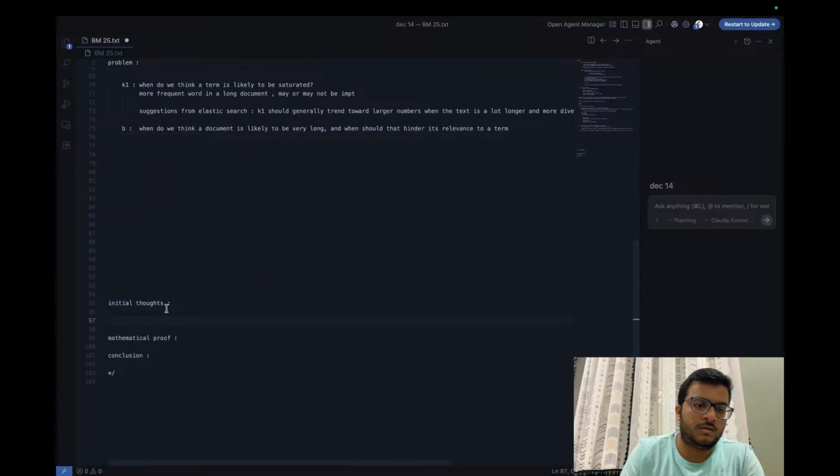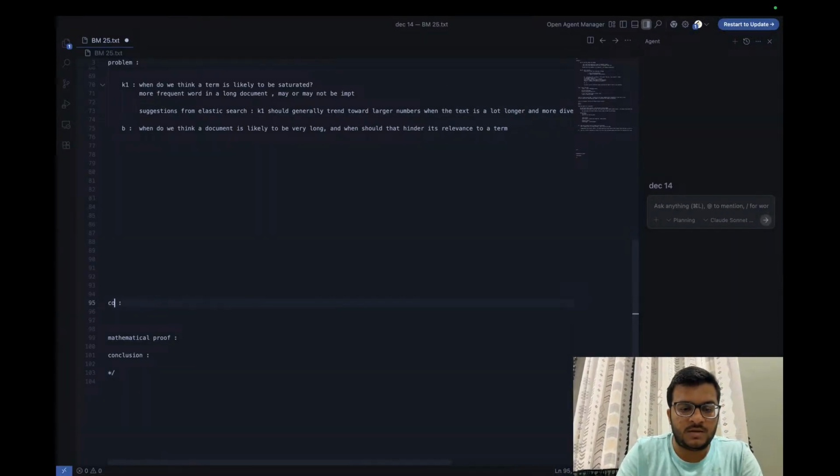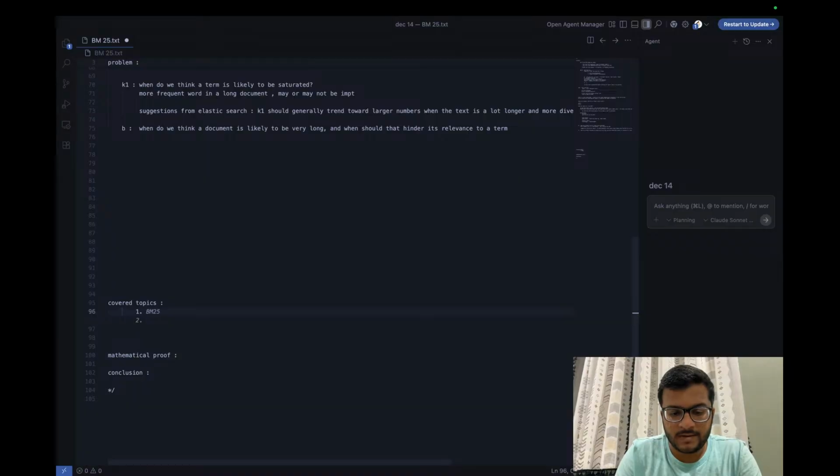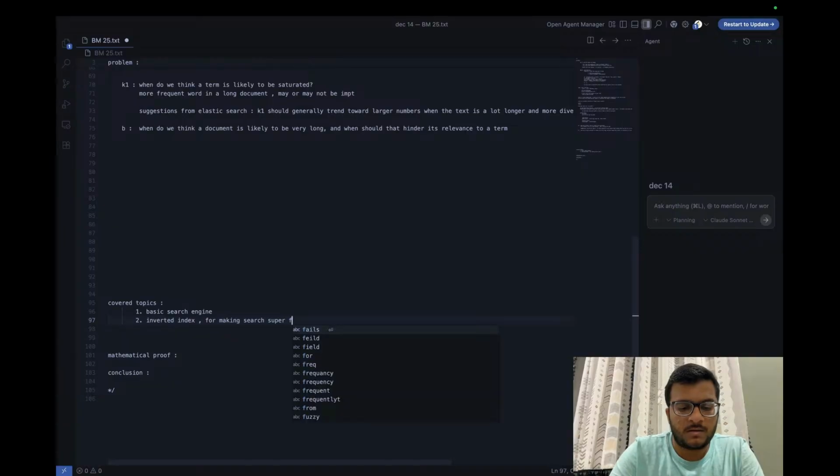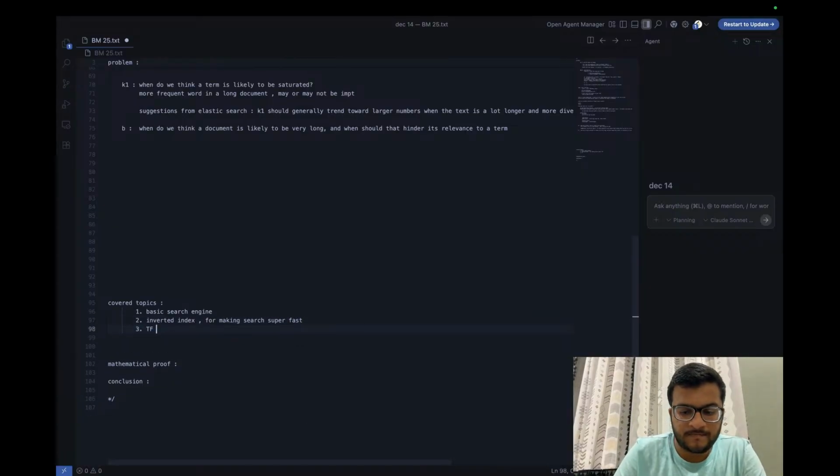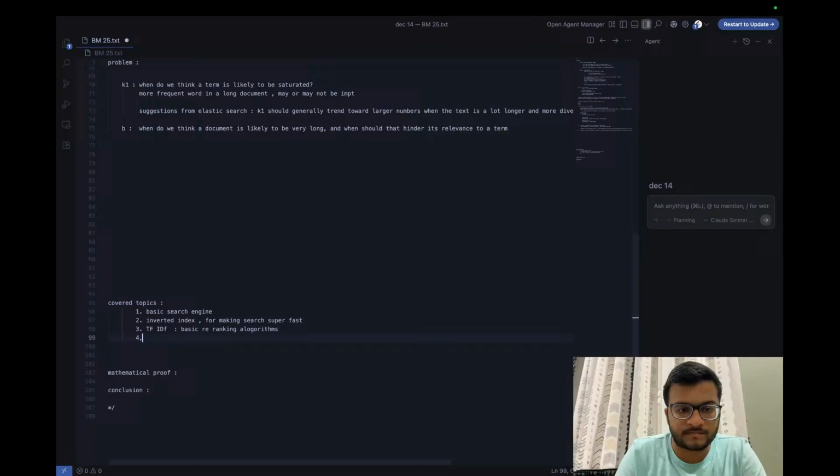Topics covered: first, the basic search engine, the inverted index for mapping search super fast; TF-IDF, basic ranking algorithms; BM25; and advanced re-ranking algorithms. Currently, Elastic uses it internally.